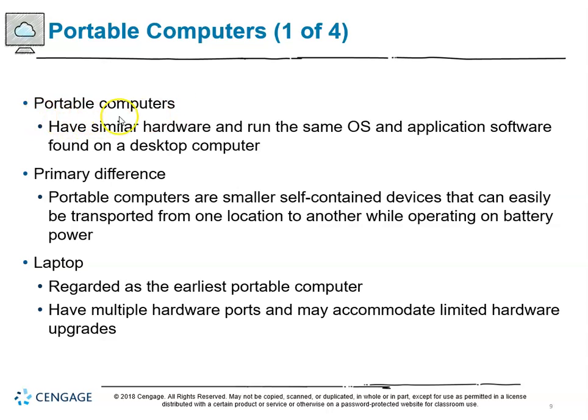Nowadays, of course, portable computers are far more capable than they were back then. That was an old 8-bit machine. Now, of course, we have 64-bit machines and much more capable microprocessors. The primary difference between a portable computer and the smaller self-contained devices is, again, the mobility. They can be transported from one place to another, and they can operate on battery power.